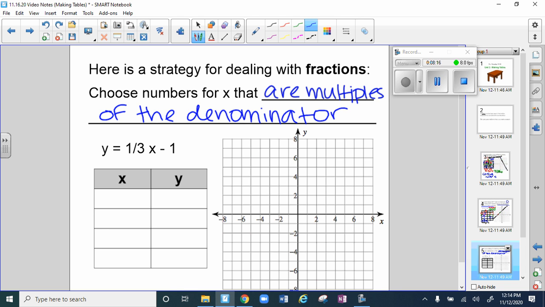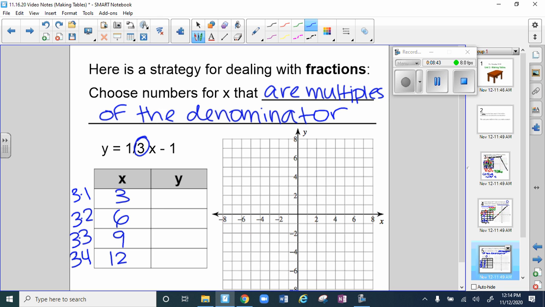So I'm taking my number in the denominator, which here is 3, and I can choose numbers for x that are multiples of 3, meaning I'm taking 3 times 1, which is 3, 3 times 2, so 6, 3 times 3, so 9, and 3 times 4, which is 12. You could pick any other multiples of the denominator.